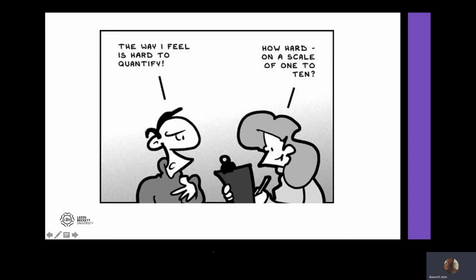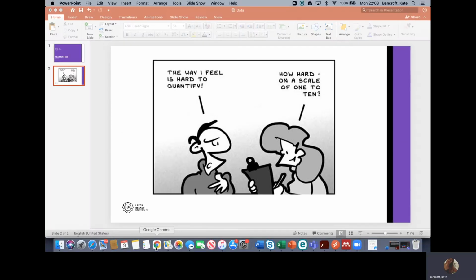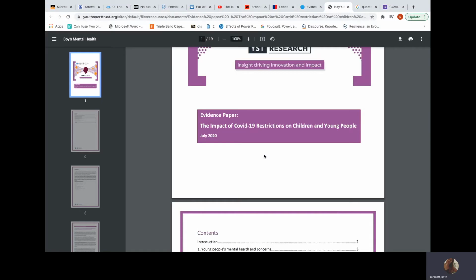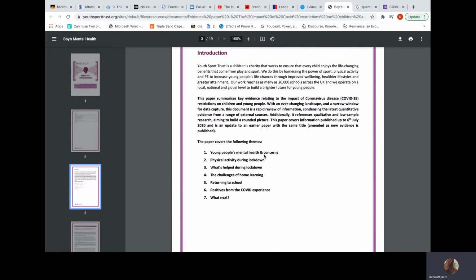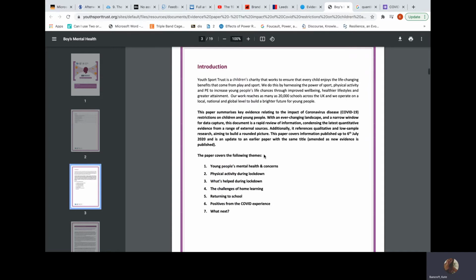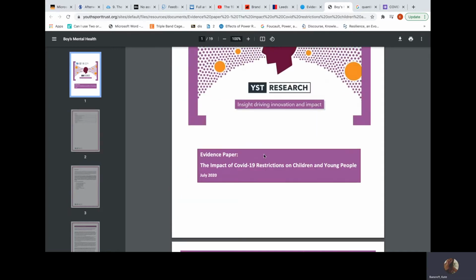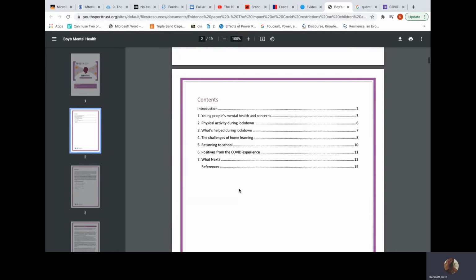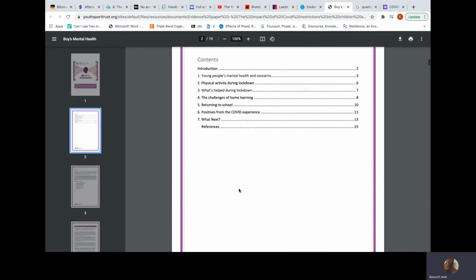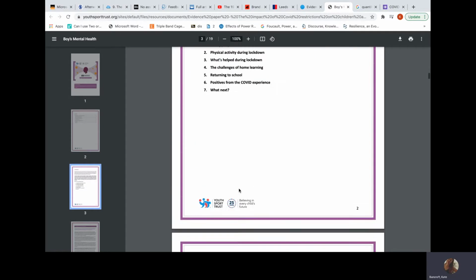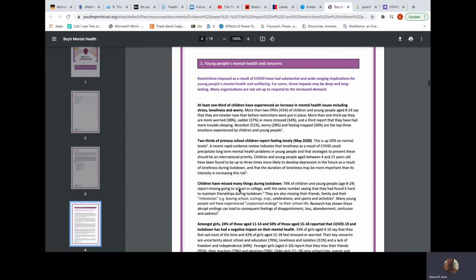So within the paper that you just had a bit of time to look at, you can see that it is absolutely full of statistics that they have simply claimed as evidence. It even says it in the title, evidence paper. So they've tried to really clearly communicate some really sweeping statements on here. So it just launches straight into this document.